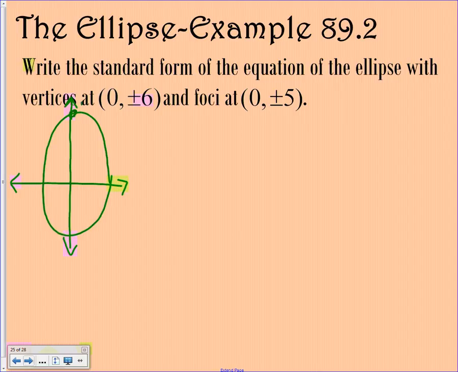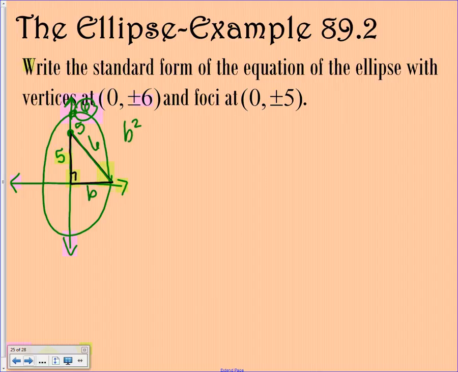So this number here is 6, and then we've got a foci at 5. So I'm going to draw in a triangle here. We know that this value is 5. The hypotenuse is 6 because that's our vertex right here. And then we've got to find the b value.